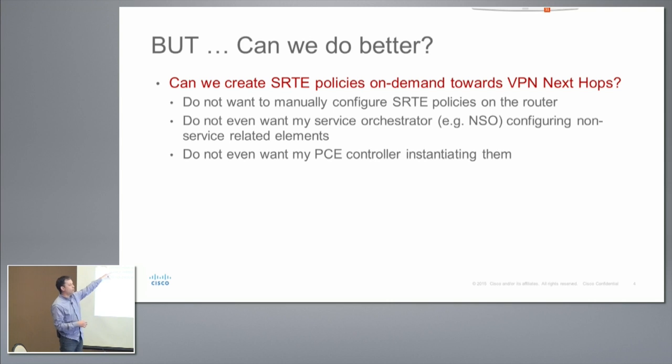I do not want to manually configure the policies. I do not even want my service orchestrator, in Cisco terms tail-f NSO, to deal with transport objects. I only want my service orchestrator to deal with service, not with transport. I don't even want my PCE controller instantiating anything on my router. I want the controller to compute, not to instantiate. That is the first challenge.